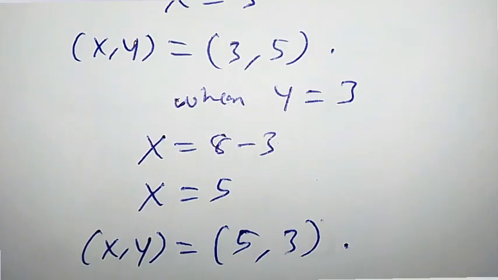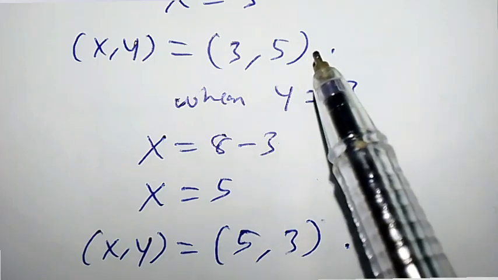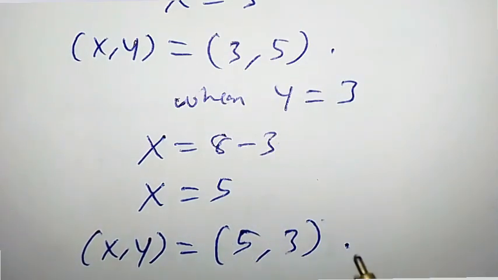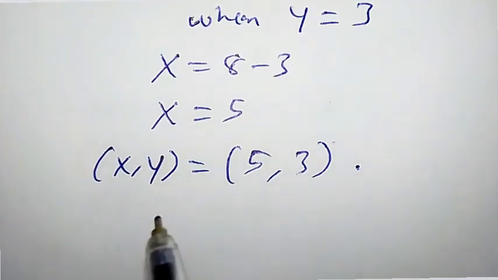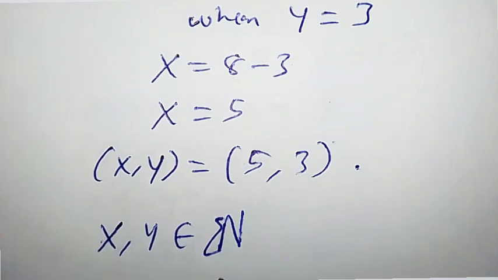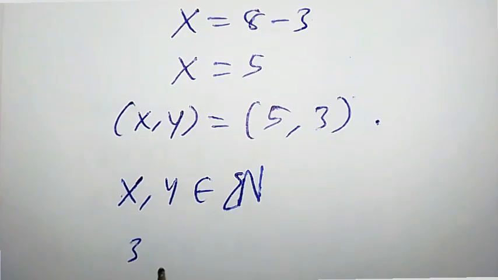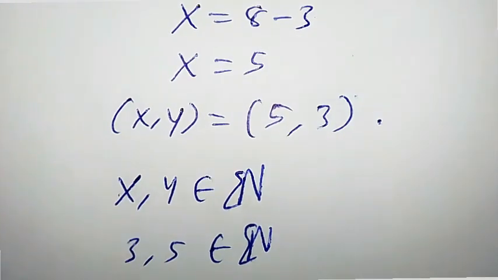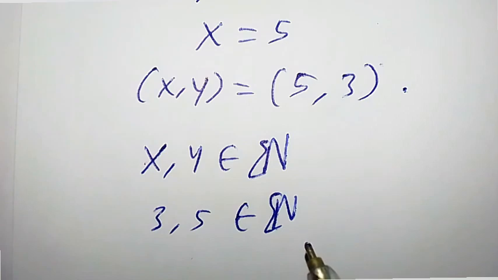You will notice that for these two solutions that we obtained, we have 3 comma 5 and 5 comma 3. This shows that x and y belong to the set of natural numbers, that is 3 comma 5 is indeed in the set of natural numbers. We do not have any fractions or decimals.